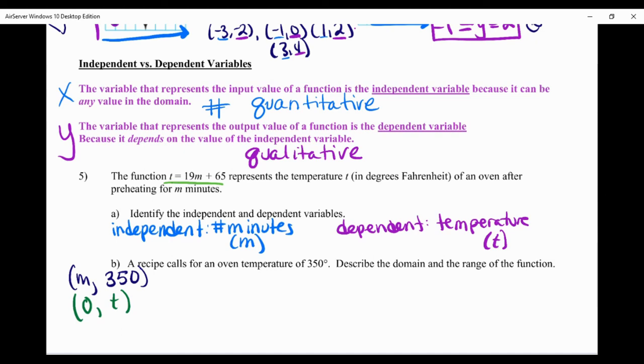So we want to go back to this function here, t equals 19m plus 65. So let's substitute t equals 350 and find the value of m.